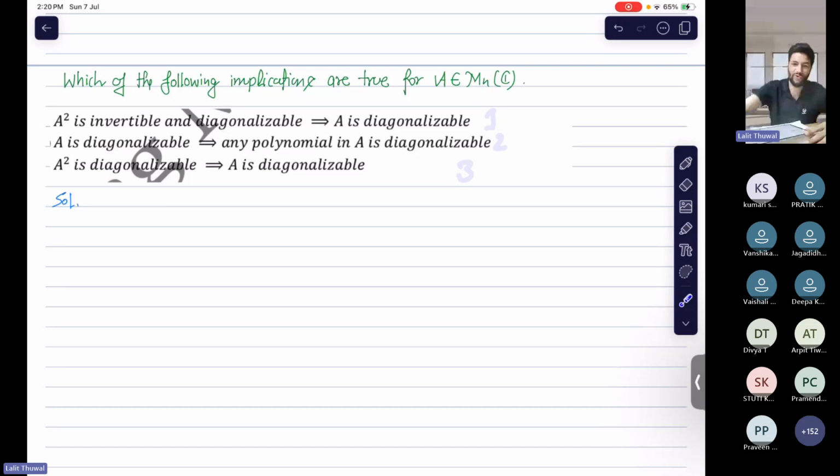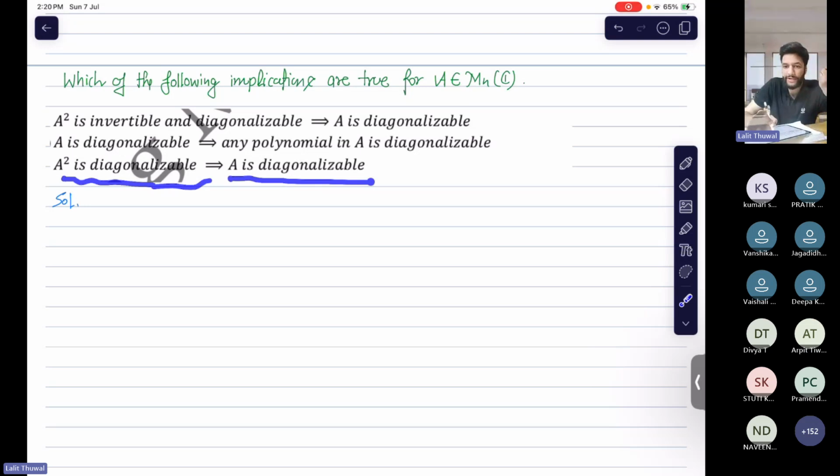Okay, some replied 1, some replied 1. Let's see what the correct options are. First of all, let's see the last one: A square is diagonalizable, then A is diagonalizable. How do you think about such examples?